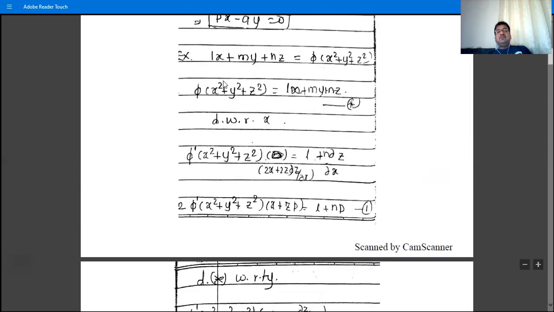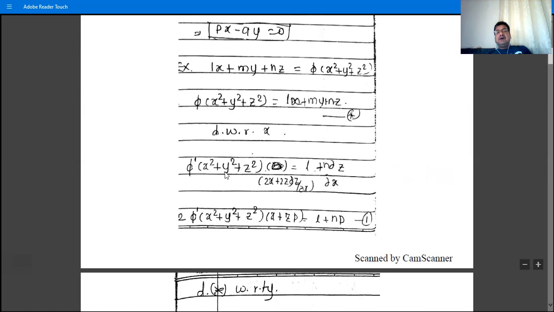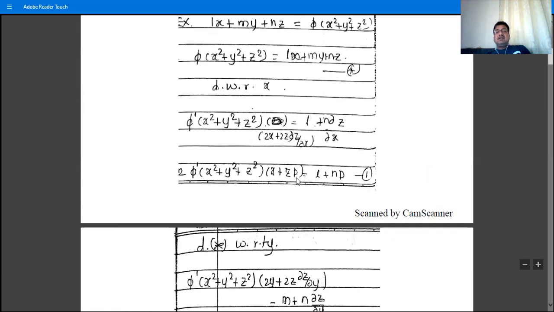So differentiate with respect to x. The derivative of phi is phi dash (x square plus y square plus z square) into the derivative of x square plus y square plus z square with respect to x. The derivative of x square is 2x, and the derivative of y square is 0 with respect to x. The derivative of z square is 2z into dz/dx. Plus the derivative of lx is l, plus the derivative of my is 0, and the derivative of nz is n dz/dx. Then dz/dx is p.